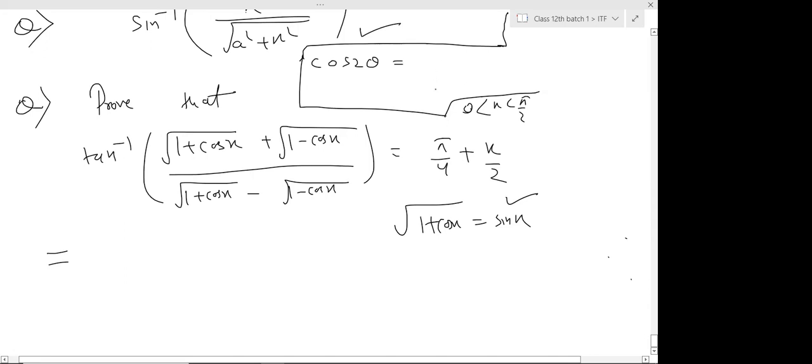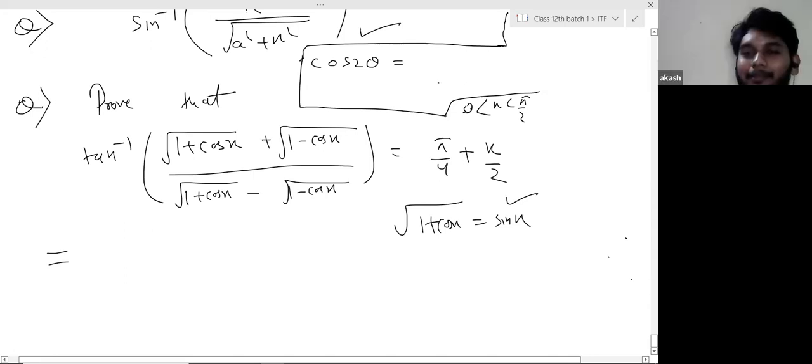Not 2 sin square theta plus 1, right? This is 2 cos square theta minus 1, or 1 minus 2 sin square theta. All right. So if you bring this 1 to this side, 1 plus cos 2 theta, we can write 2 cos square theta. And Shikhani, we used the half angle formula in the previous 2 questions also.